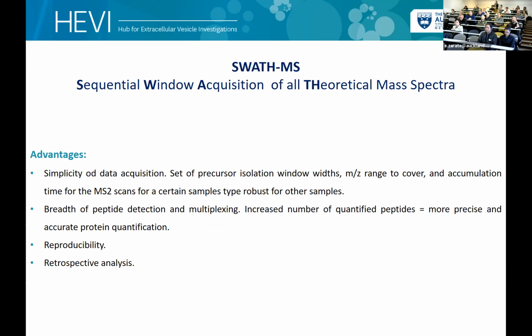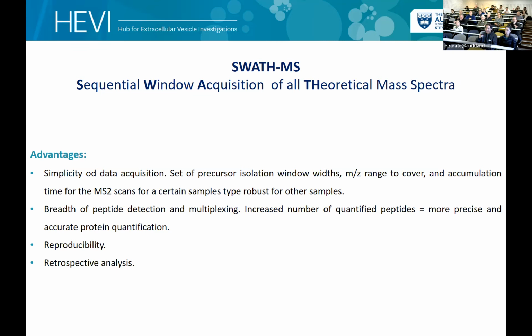An increased number of quantified peptides directly leads to more precise and more accurate protein quantification. This method is very reproducible, which is very important when we get to 100 samples per study. And another interesting and good thing about SWATH is that we can always go back and add some new data to the already constructed library, and there is no need to rerun the samples or do the acquisition again.